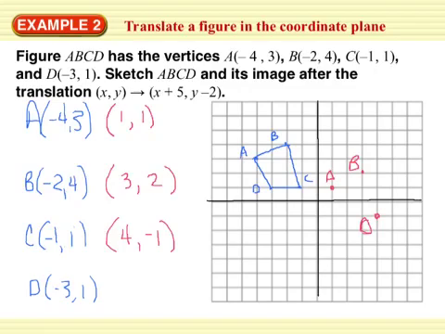Nope, that's definitely C. And -3 plus 5 is 2. 1 minus 2 is -1. So (2, -1). That's D. Right, so here we just have the translation, and we used coordinate notation to do it.